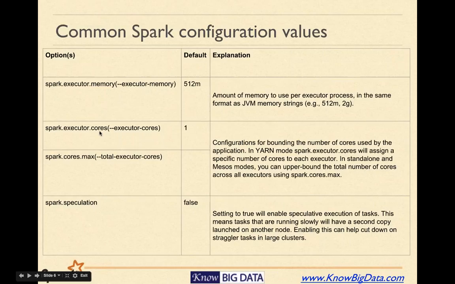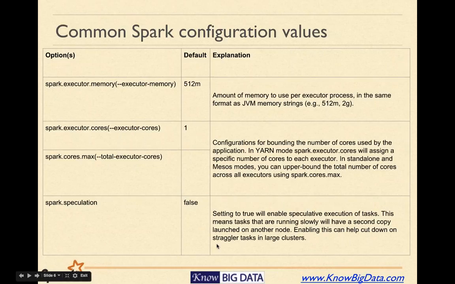If every executor is dual core or has 4 cores, you can put that number of cores here, because this is something which you know better. Similarly, if you want to limit the maximum number of cores, you can limit your program to that. Then there is something called speculation.